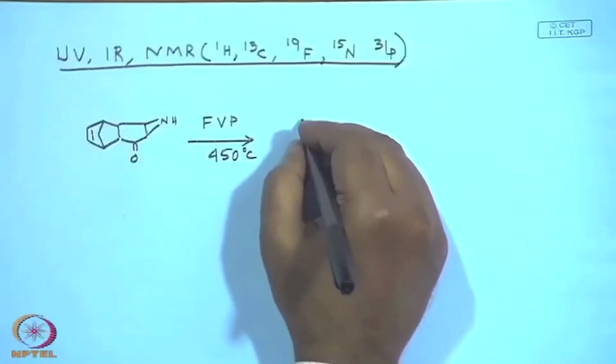That means you vaporize the solid and allow it to pass through a preheated oven under vacuum, and the contact time with the heat is less, just a few seconds maybe. So, if the product is unstable after formation, it is immediately drawn to the cold trap. We have a homemade flash vacuum pyrolysis apparatus in our lab, and then we got a compound here.